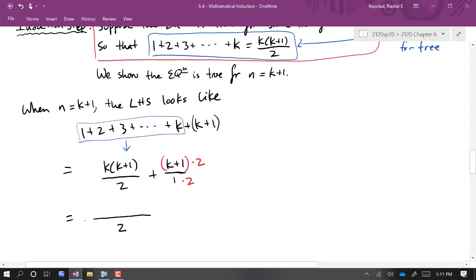So now up in the numerator we've got k times k plus 1 plus, sorry, plus 2 times k plus 1. I almost left out that factor.